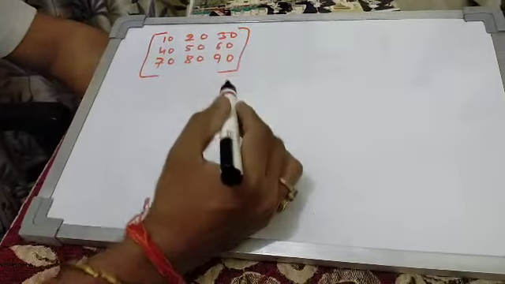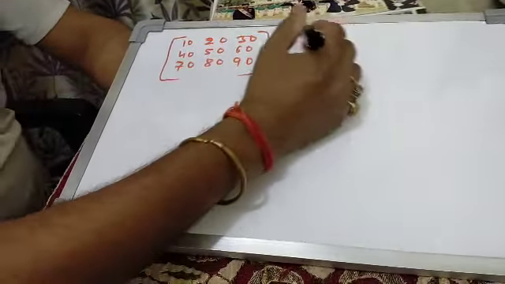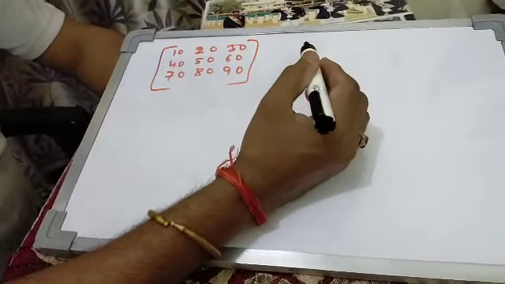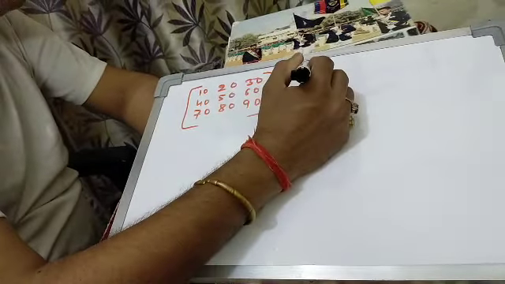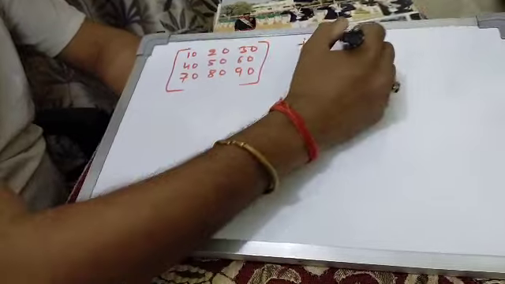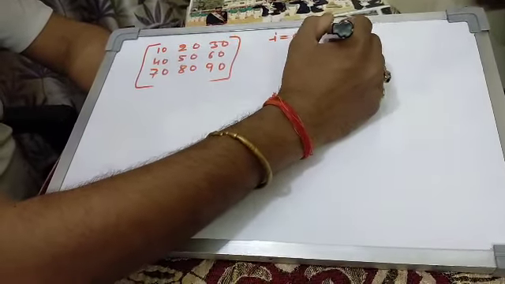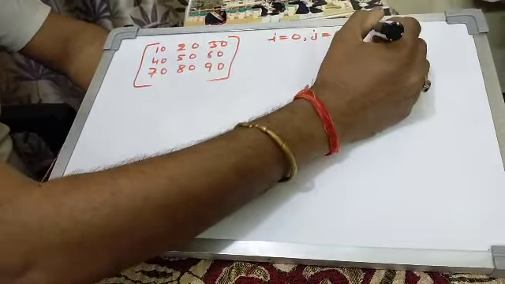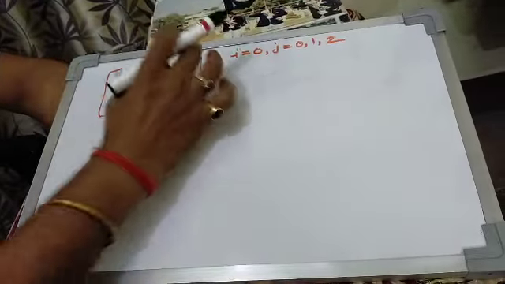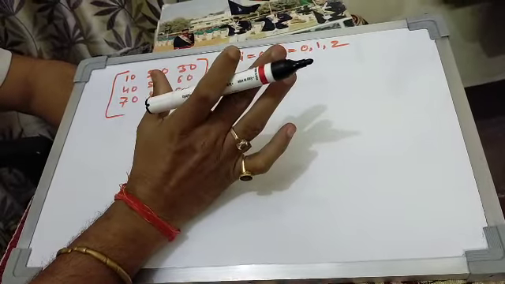This is the given matrix. Now the value of i will be 0 and the value of j will be 0, 1 and 2 if the matrix is 3 into 3.